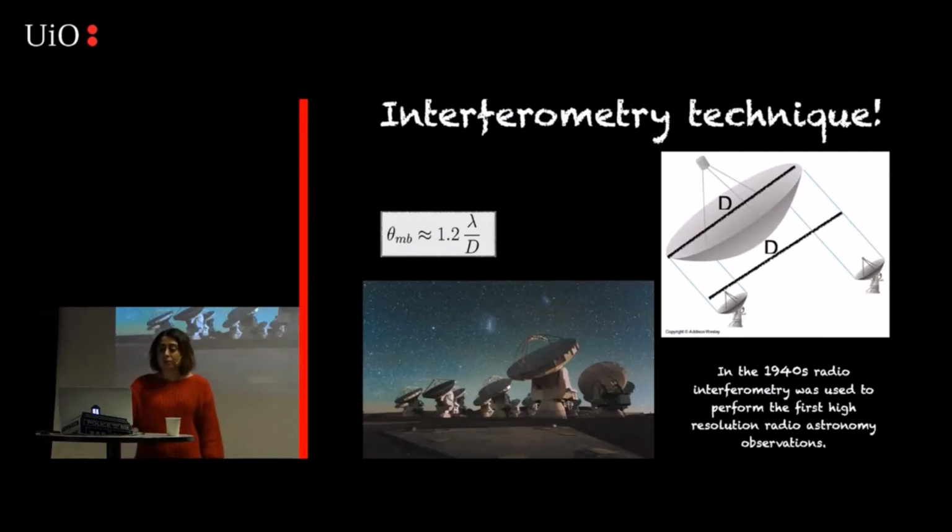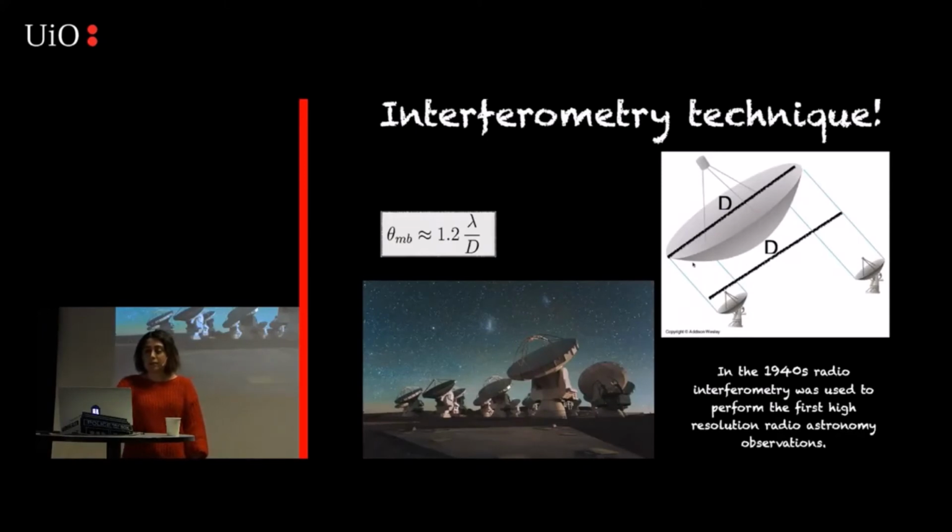In the interferometry technique, rather than making a giant antenna, we make two small antennas and place them far away from each other. These two antennas observe the same source at the same time, and then we combine their signals, and with interferometry, the distance between the two antennas goes in this formula.